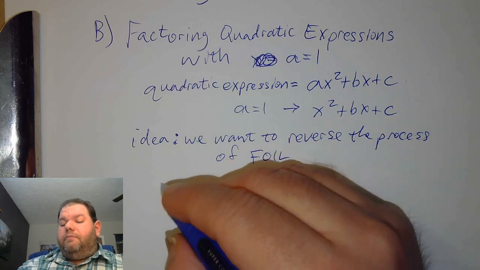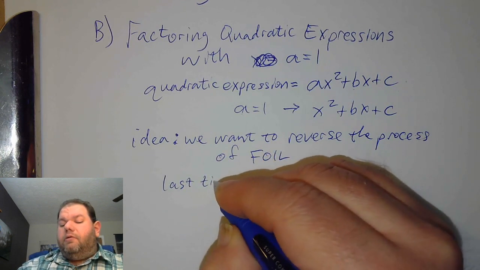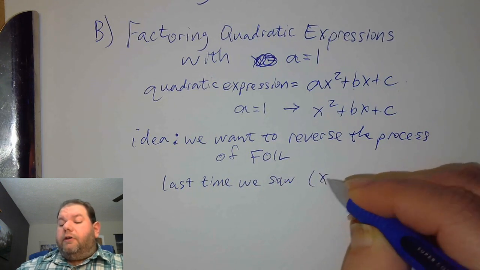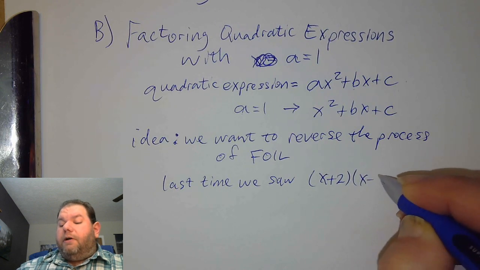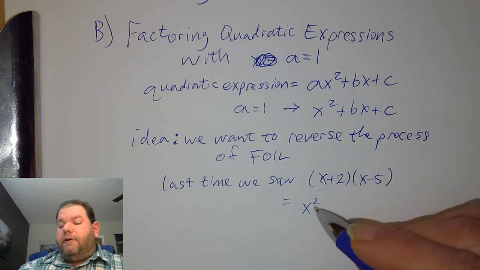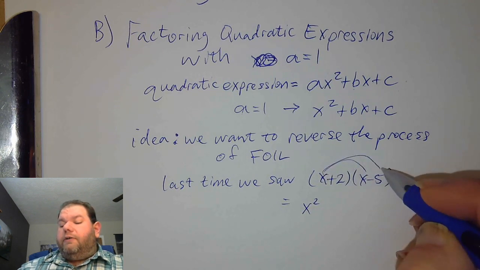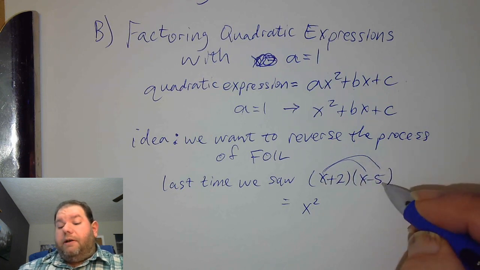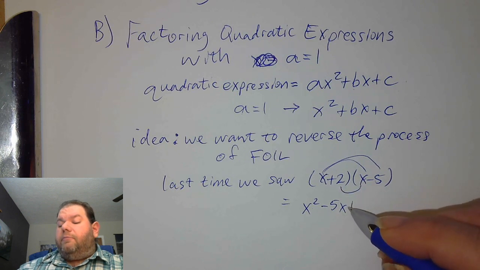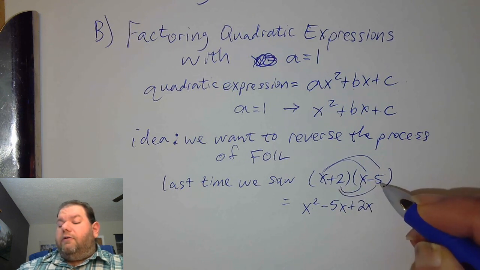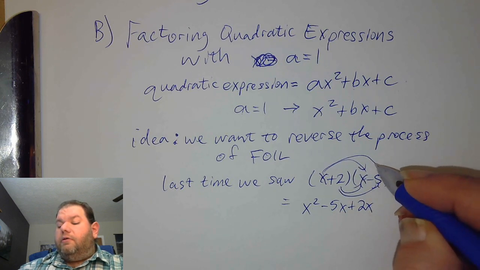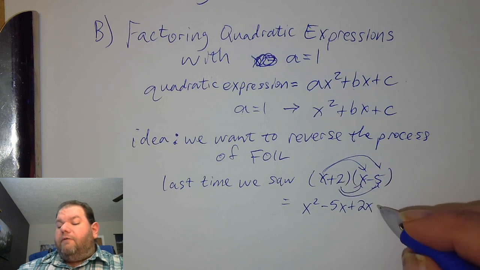Last time we saw x plus 2 times x minus 5 is equal to x squared. x times x is x squared. x times minus 5 is minus 5x. 2 times x is plus 2x. And 2 times minus 5 is minus 10.